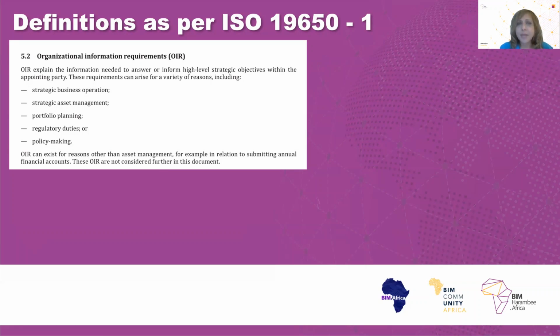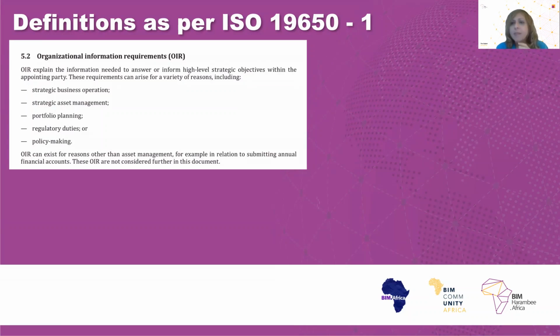So what information, what objectives do they want to achieve from that asset? And hence, what information should be taken into consideration within that asset, and what information should be retrieved on a strategic organizational basis from that asset.